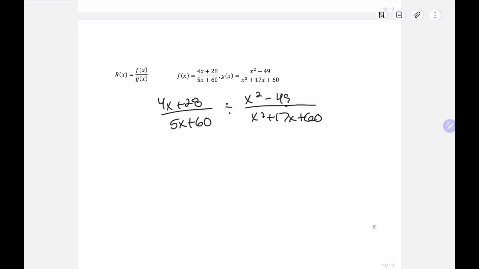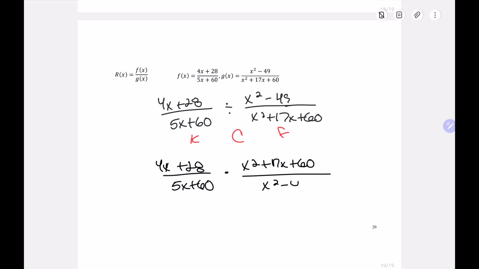If we look at doing the KFC, keep, flip, change, we can write it as 4x plus 28 all over 5x plus 60 times x squared plus 17x plus 60 all over x squared minus 49.